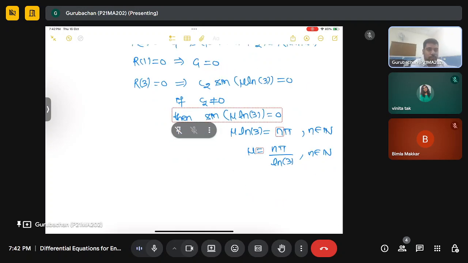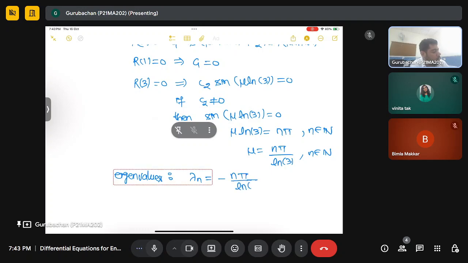So you got some eigenvalues with respect to which you have some eigenfunctions. So eigenvalues will be lambda_n equal to minus (n pi by ln 3) whole square.